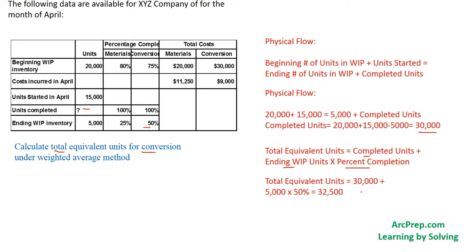And what we are saying is 30,000 units that are 100% complete plus 2,500 units that are 100% complete. So what we are doing essentially is saying 5,000 units that are 50% complete is equal to 2,500 units that are 100% complete. Hence, we have the total equivalent units for conversion equal to 32,500.